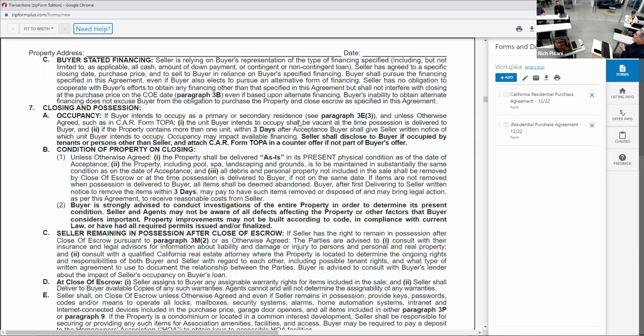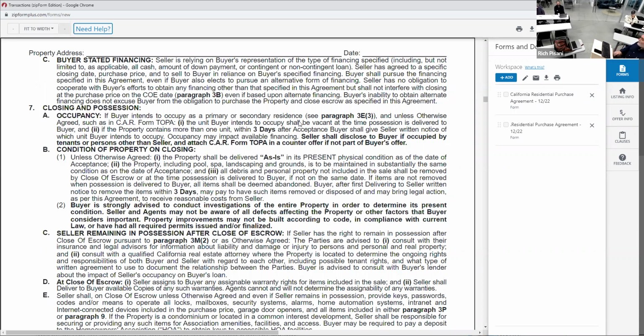So then the seller can cancel based on that. That's a problem because they don't have that right. The seller cannot cancel just because the buyer wants to ask for something to be repaired or wants a credit, just because it was in a counter.